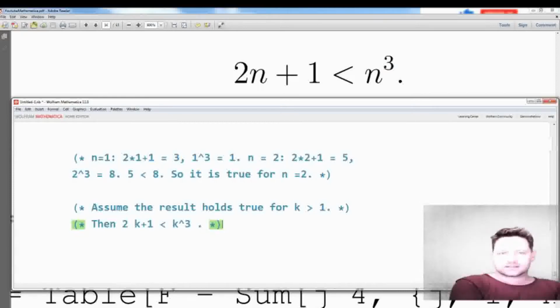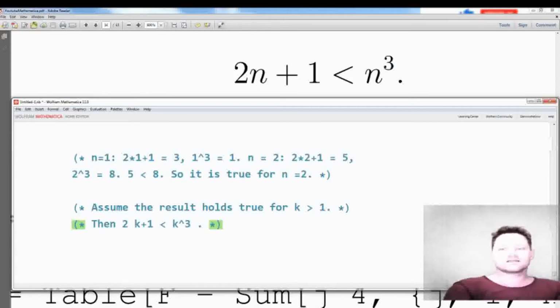So what if we were to do something that turned the left-hand side into 2 times k plus 1 plus another 1?